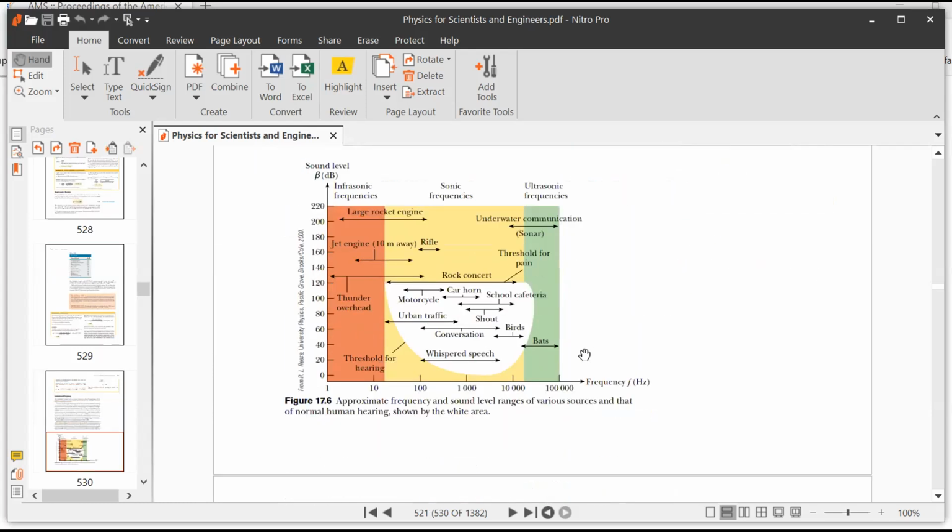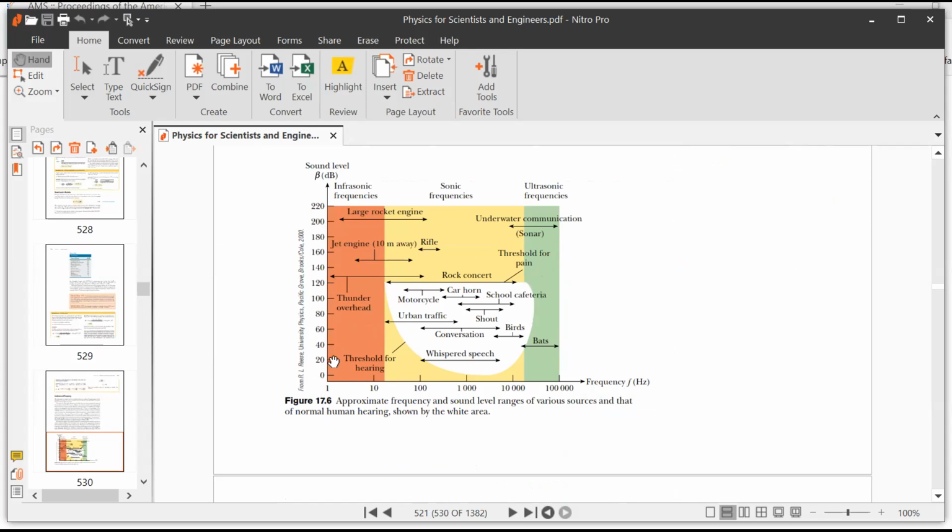Okay, this is the picture. This is the frequency. The horizontal axis is the frequency, while the vertical axis is the sound level, the loudness level of the sound.